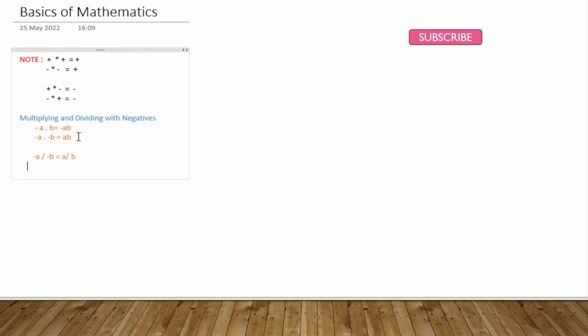And the next one, minus a divided by b is equal to minus of a divided by b.